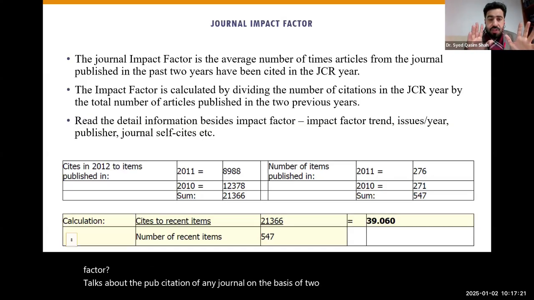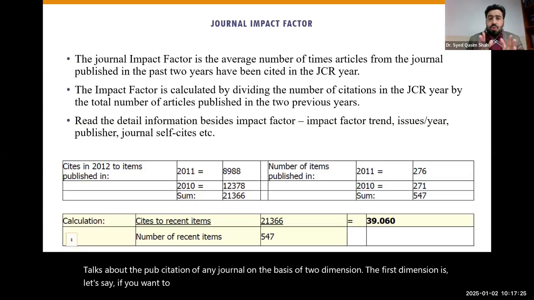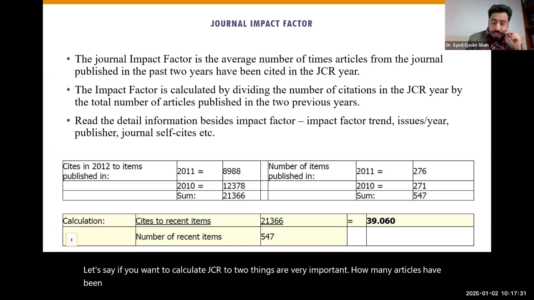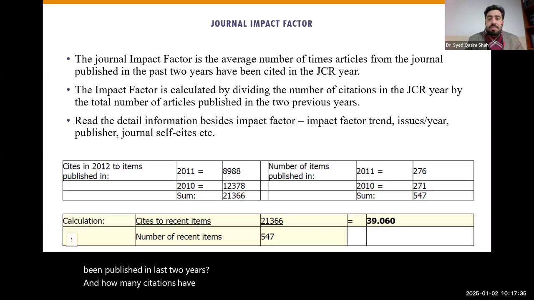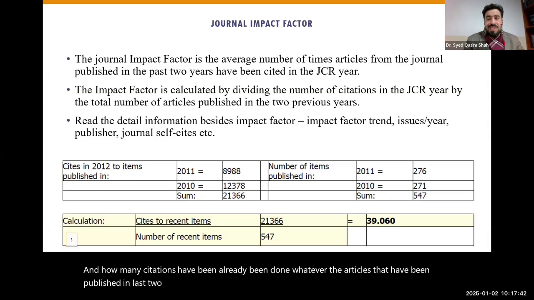If we want to calculate it, two things are very important: how many articles have been published in the last 2 years, and how many citations those articles have received. So this is how we calculate journal impact factor.